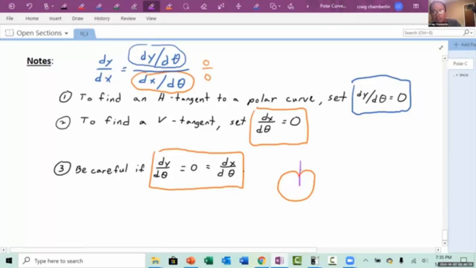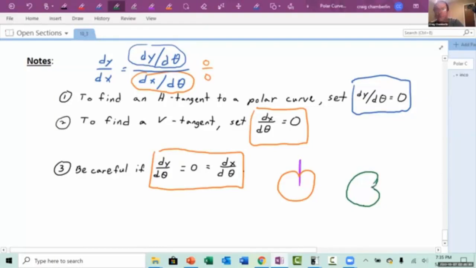And it looks like it should have a vertical tangent there. Or if it were upside down, it would have a vertical tangent there. But you've also seen cardioids where the cusp is oriented like this, right? Again, another terrible picture. I can do better. No, I can't.